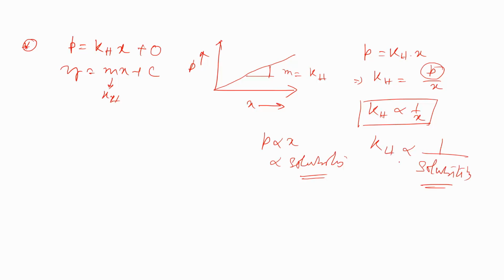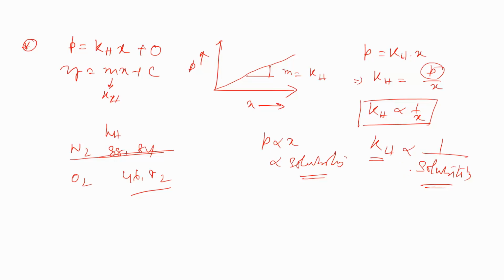Suppose for nitrogen gas the KH value is 88.84, but for oxygen gas the KH value is 46.82. So where the KH value is high, that means solubility is less. Here the nitrogen solubility is very low, but where the KH value is low, the solubility is high.